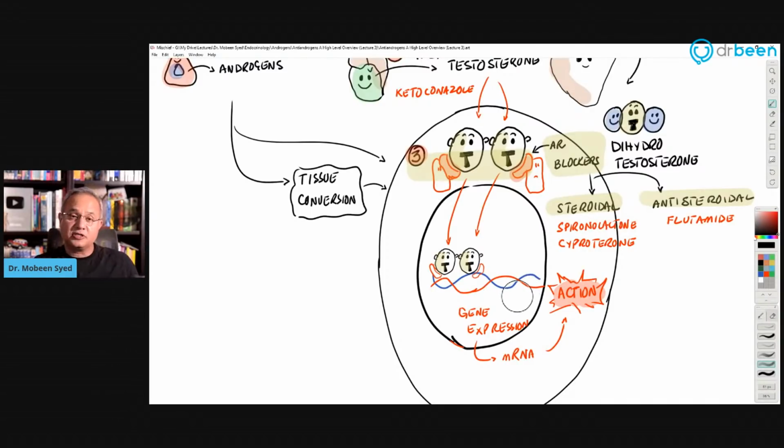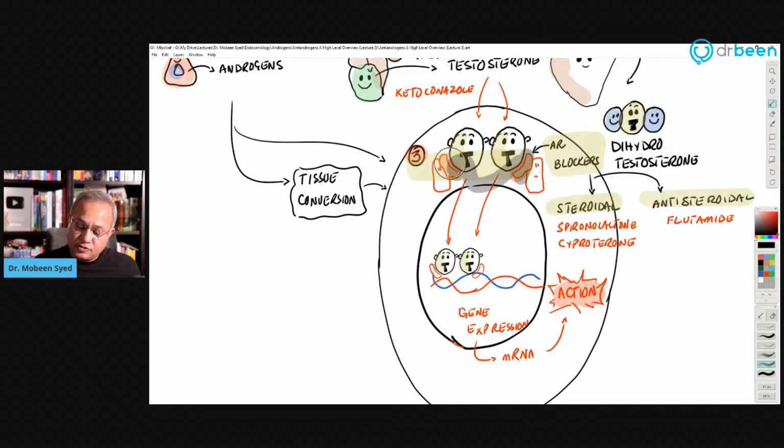They would just not function. Why? Because the receptors are now occupied by a different drug. This is called androgen receptor antagonism or androgen receptor blockade. Now, once you block this side, it doesn't matter if we have the steroids or not.